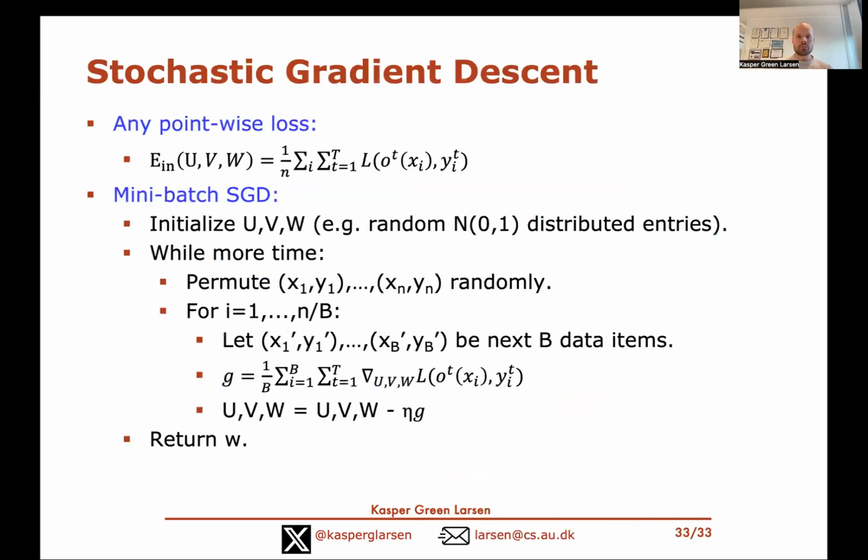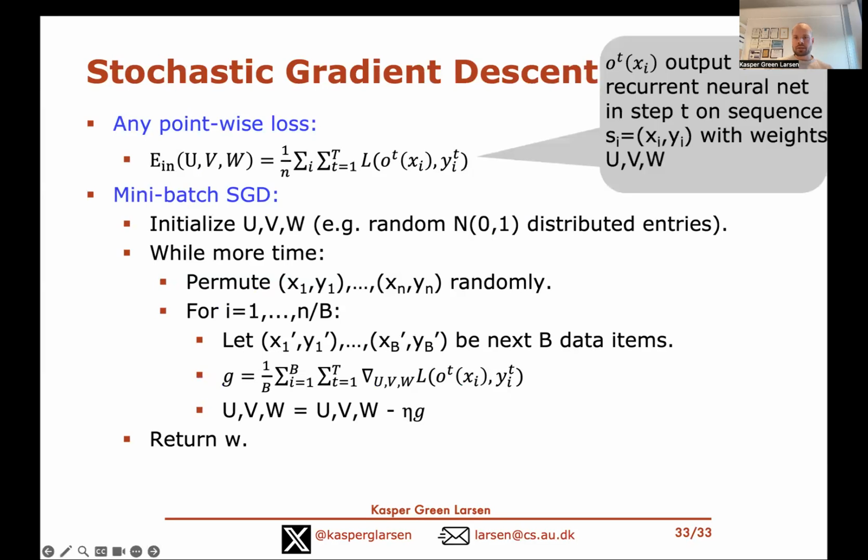So stochastic gradient descent is the algorithm that we can use with recurrent neural nets. All we have to do is run all of these iterations where we take little mini batches of B different sequences and compute all these gradients of this loss function.